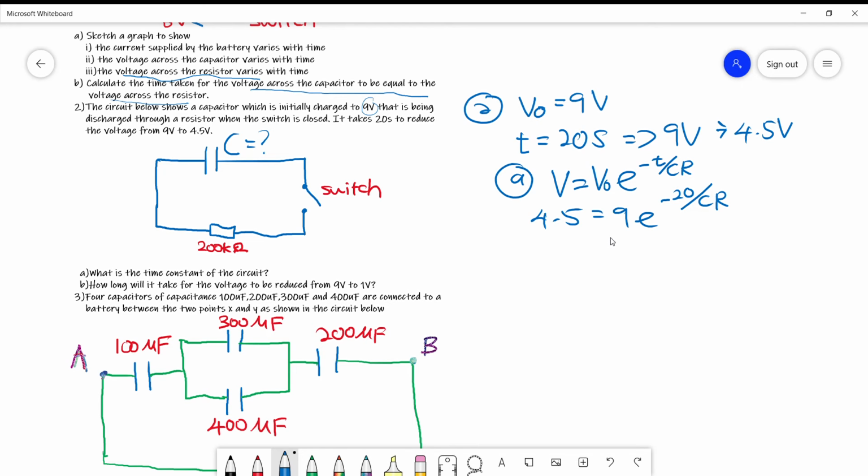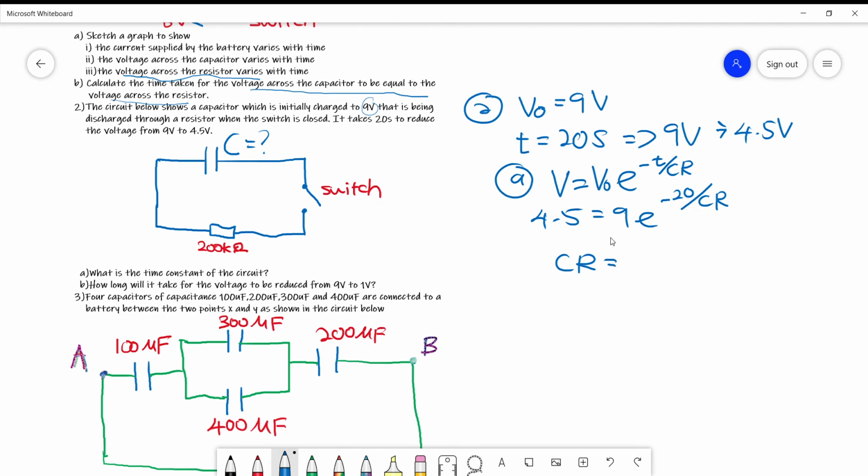CR is 4.5 divided by 9, then the ln of the answer, and negative 20 divided by the answer.